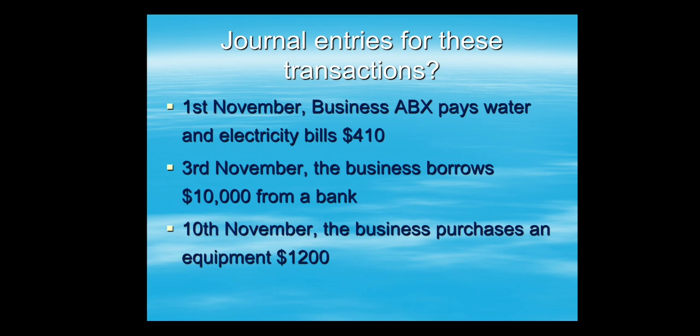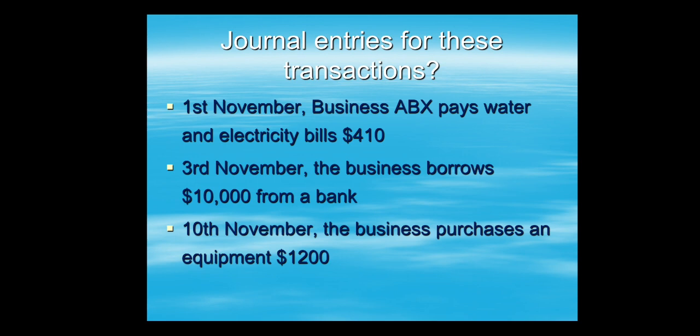The account is utilities expense. So equity decrease, according to the rule of debit and credit, you have to debit the account. So debit account utilities expense $410. The type of the transaction is pay utilities $410.